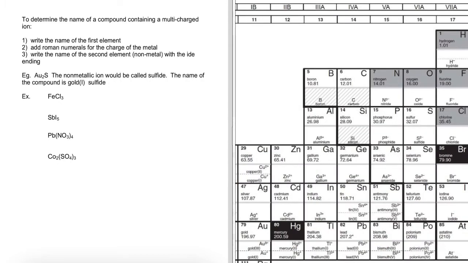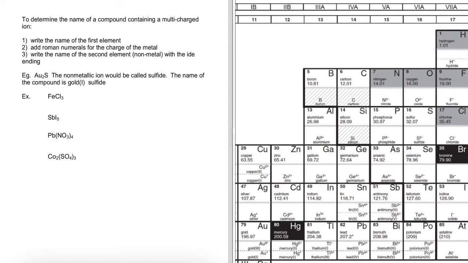When we are looking at naming multi-charged ions, sometimes it's not super clear at first what charge is being used. Just like ionic compounds, we would first write the name of the first element, and then write the name of the second one, ending with -ide. The only thing we need to include in between is the charge, using Roman numerals to let us know what multivalent charge is being used. As an example here, they have Au2S.